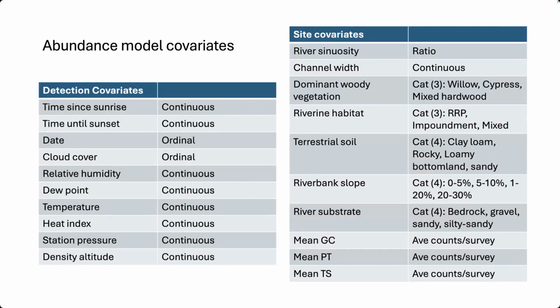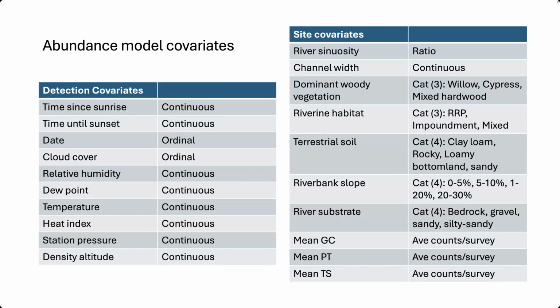So just so you can have an idea of the various types of covariates that we included in our models, for detection covariates, we primarily used climatological data that we measured on site while we were taking our surveys.